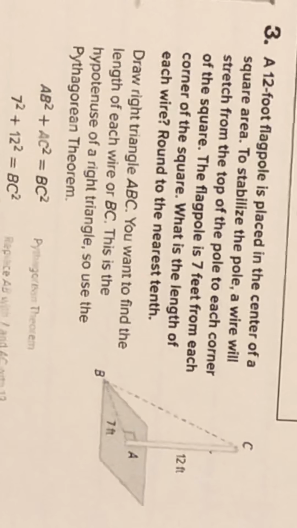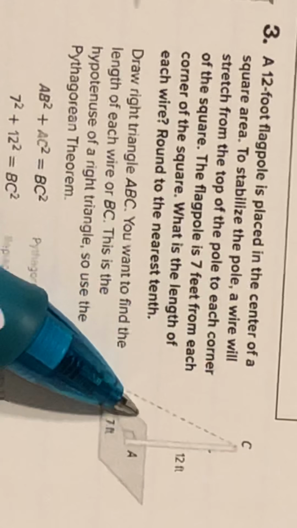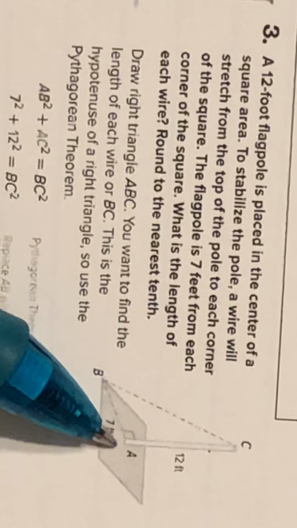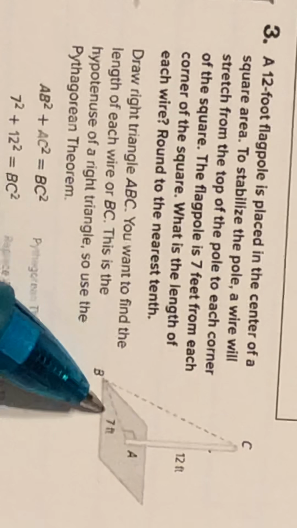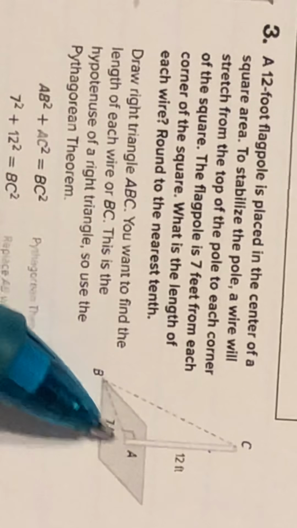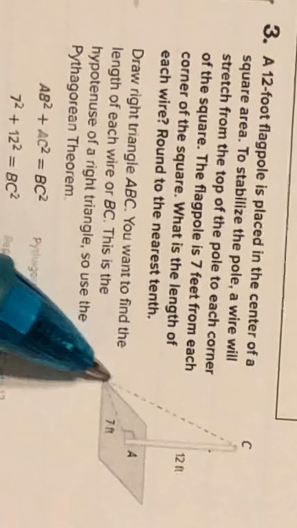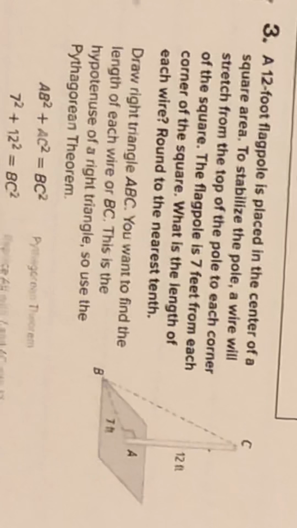Round to the nearest tenth. So here's my flagpole. My flagpole is 12 feet high, right? The distance from the flagpole to the corner of the square is 7 feet. This forms a right triangle. I'm missing the length of my wire, so that's my hypotenuse.